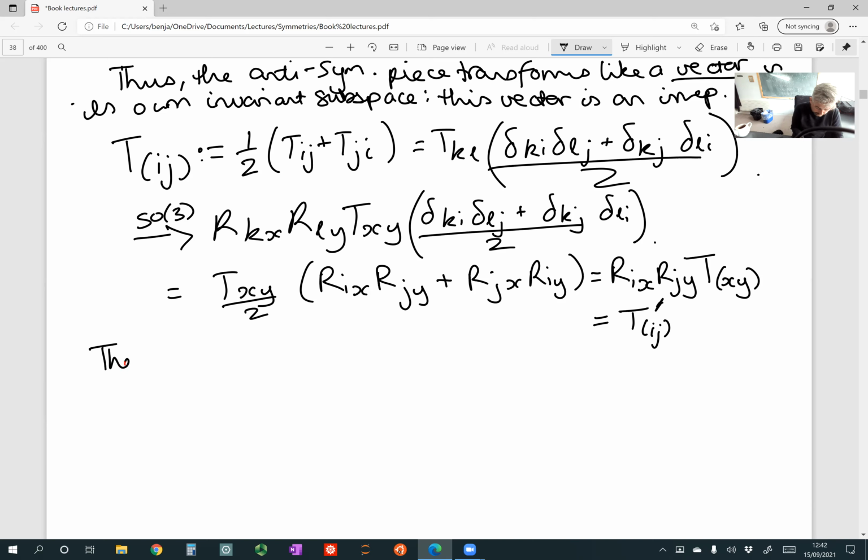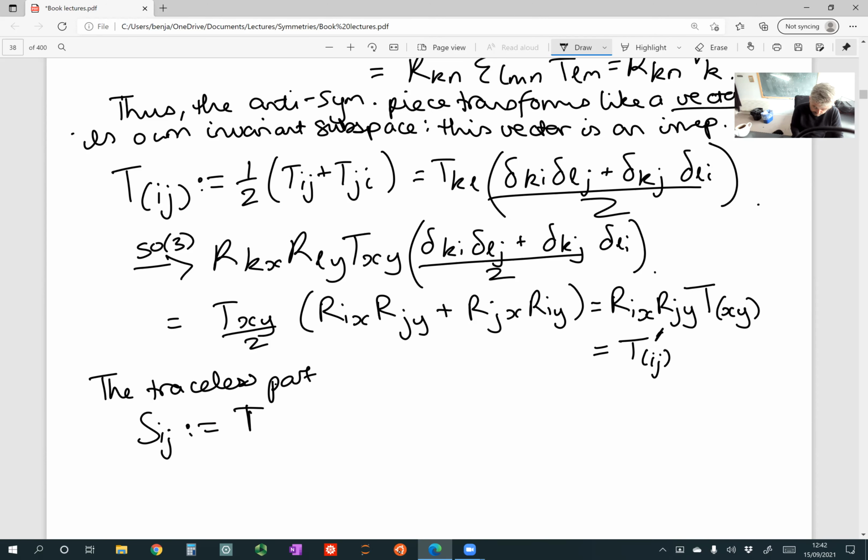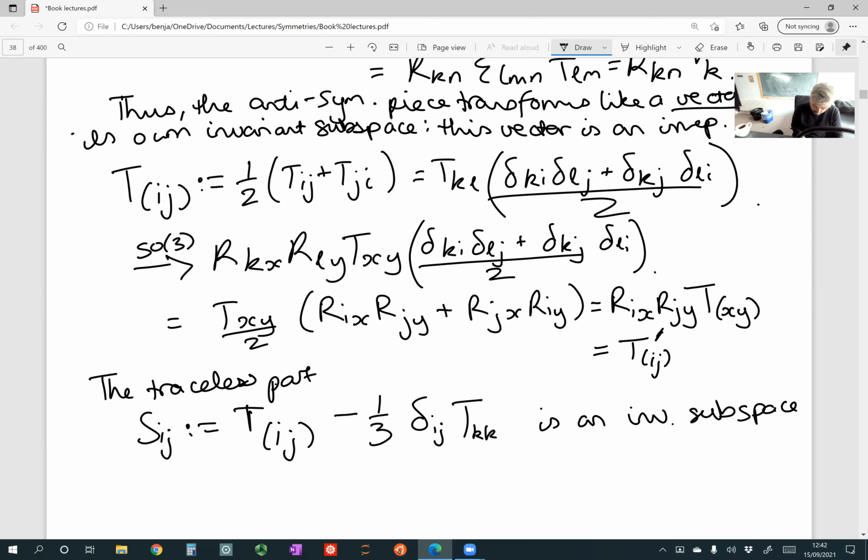So the traceless part of this, let's define this as Sij, which is T with the symmetric part minus a third delta ij T kk, is an invariant subspace, and therefore an irreducible representation of SO3.